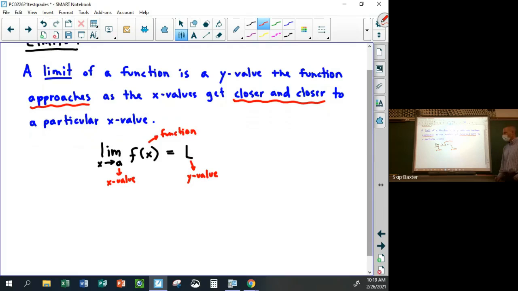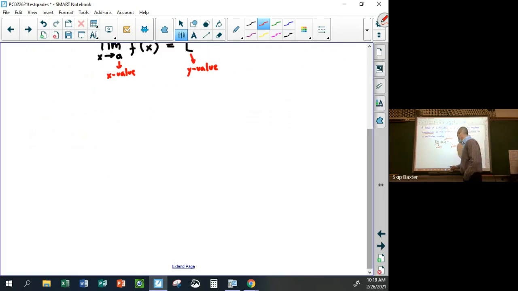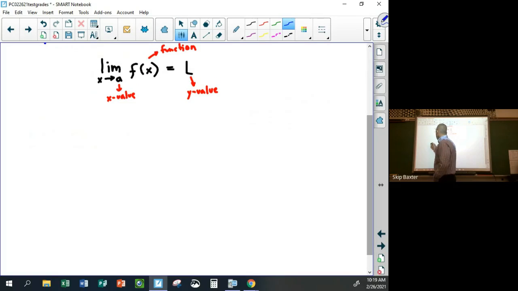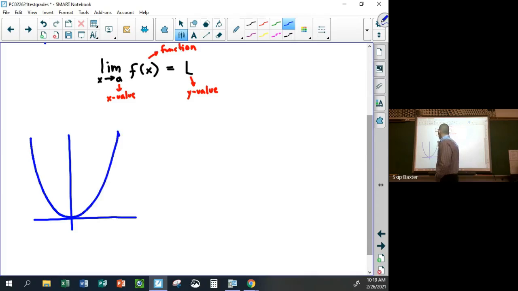Okay? So, for example, suppose I have a graph of a function, and this function is x squared. f of x equals x squared.